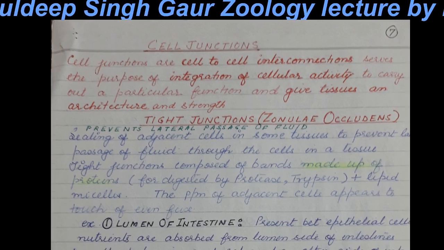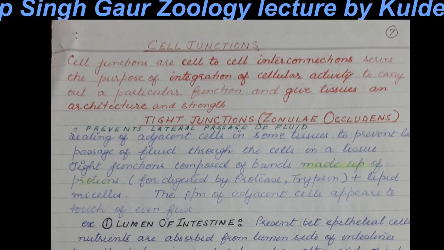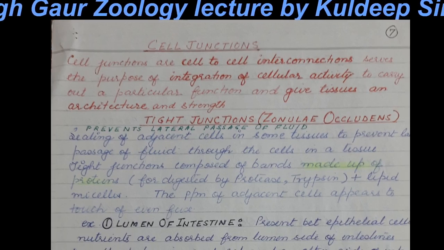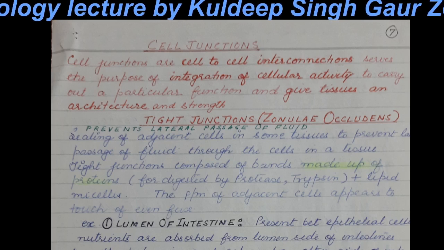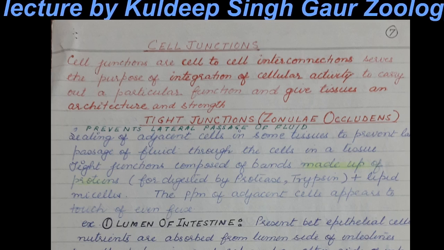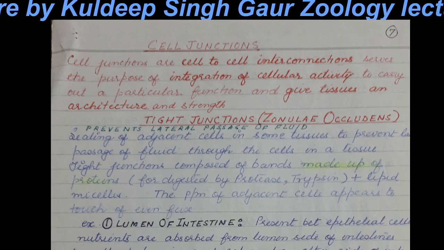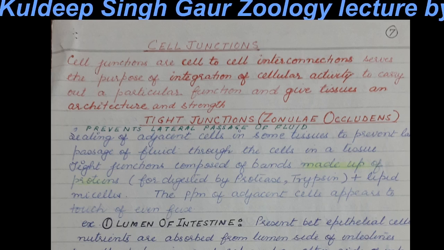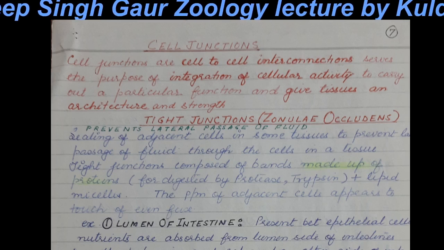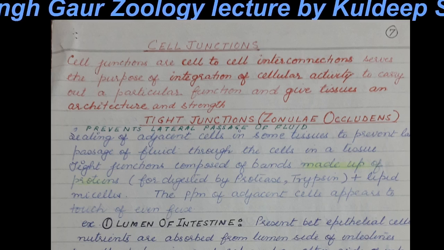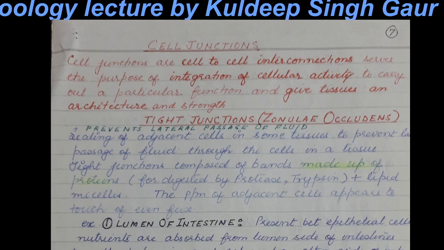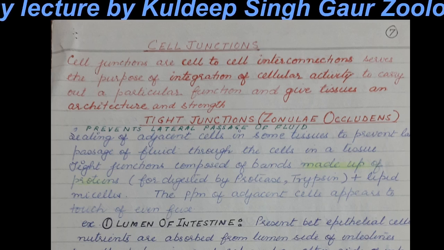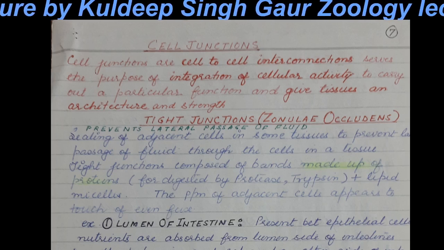Cell junctions are actually cell-to-cell interconnections. At the beginning of evolution, prokaryotes and protozoans were formed. Protozoans were single cells, and they started aggregating. But the aggregation of cells doesn't designate them as tissues.